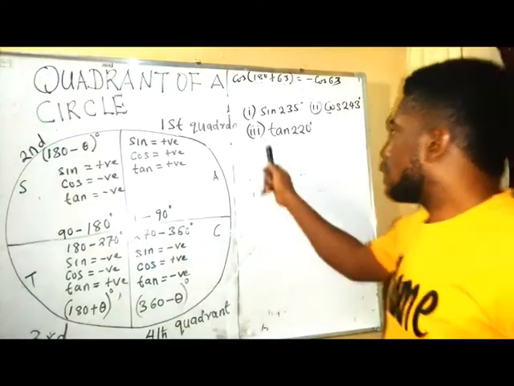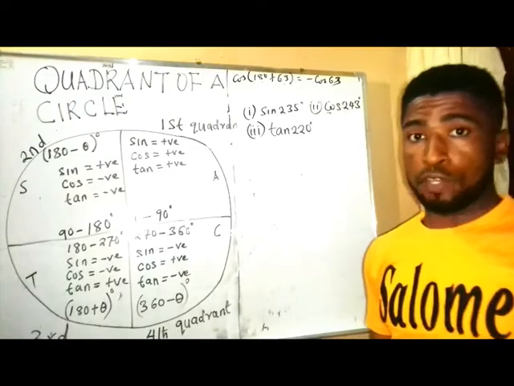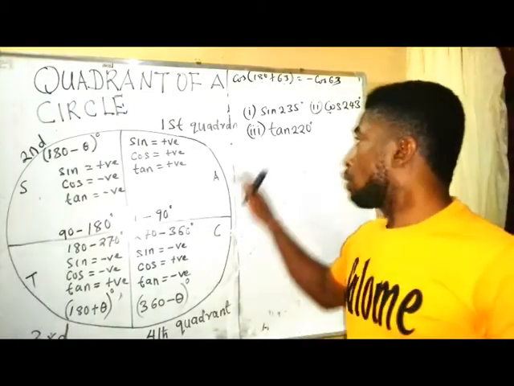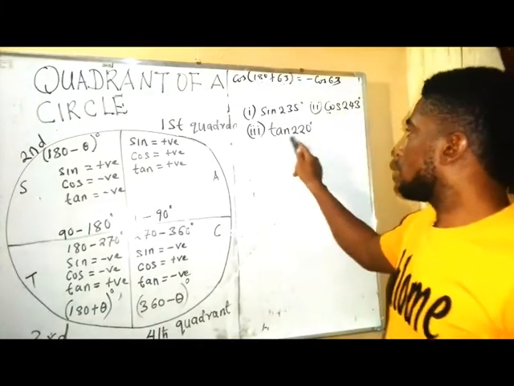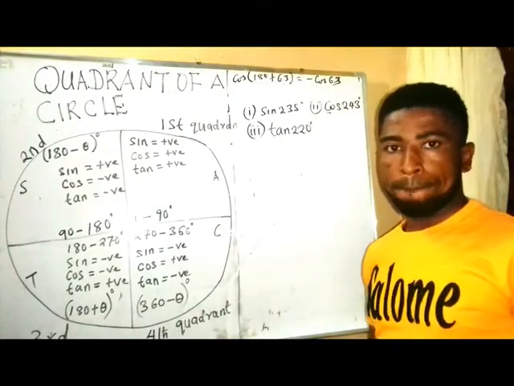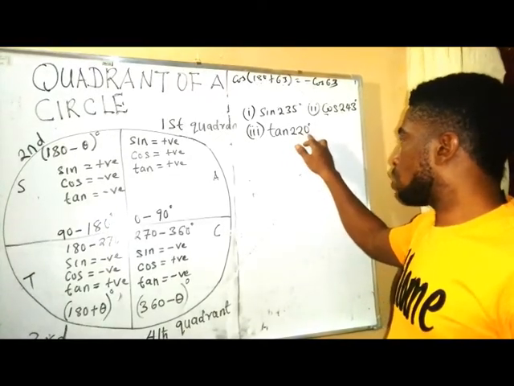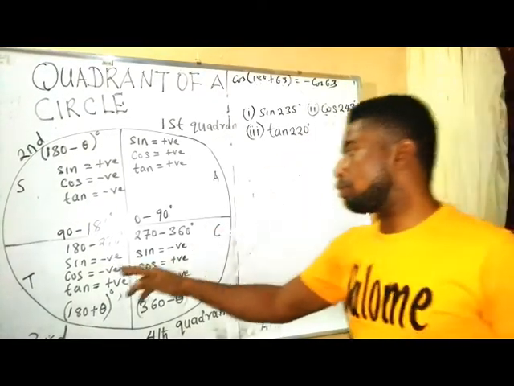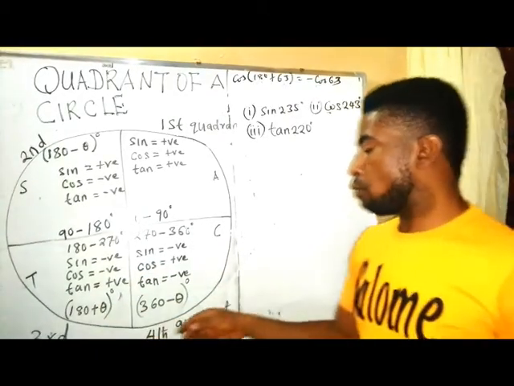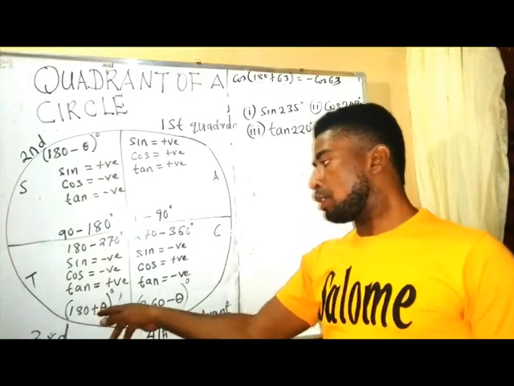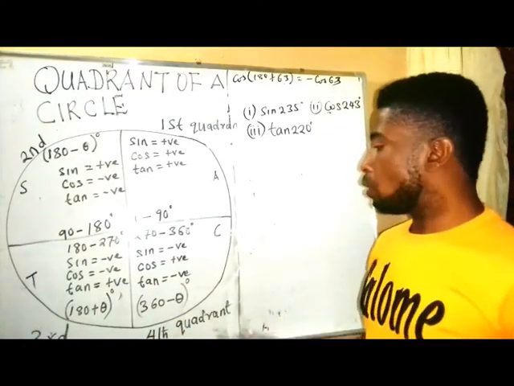Now let me look at this last one, tan 220. Don't worry if you're not following, you are going to follow it now. Tan 220 falls in the third quadrant of a circle, and in that third quadrant we have the range of angle 180 plus theta.